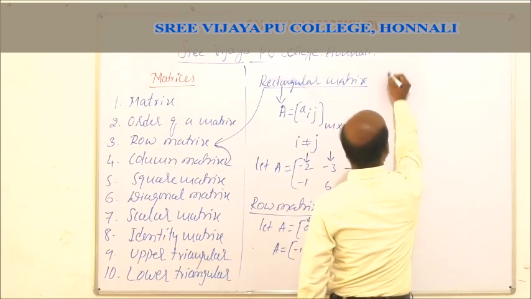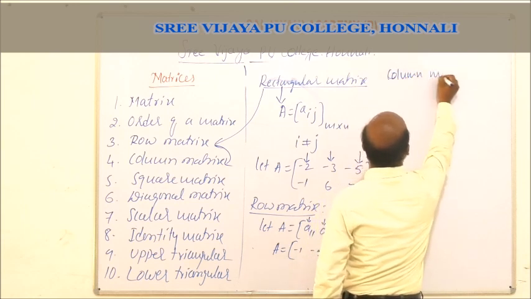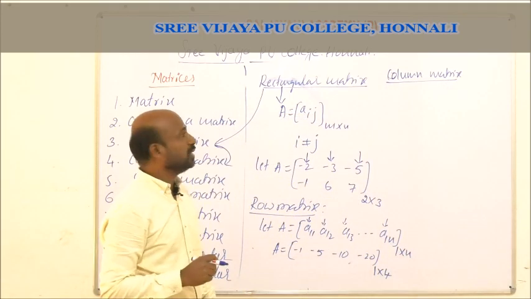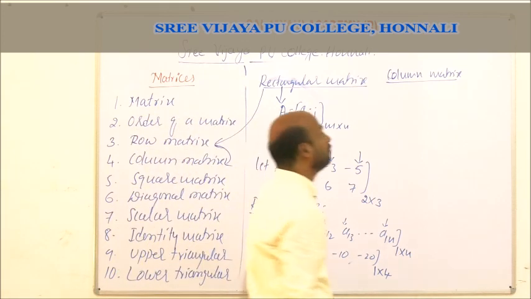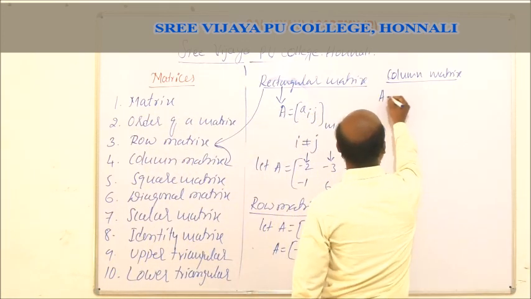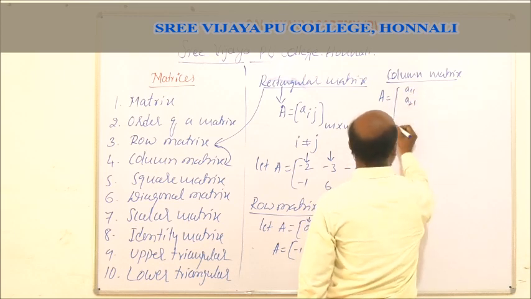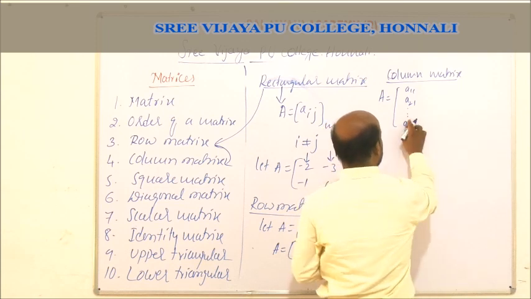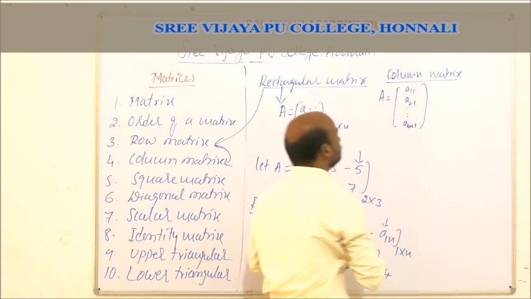So after that, column matrix. A matrix is said to be a column matrix if it has only one column. Obviously it has m number of rows. Let us take the matrix A = [a11; a21; a31; ...; am1].